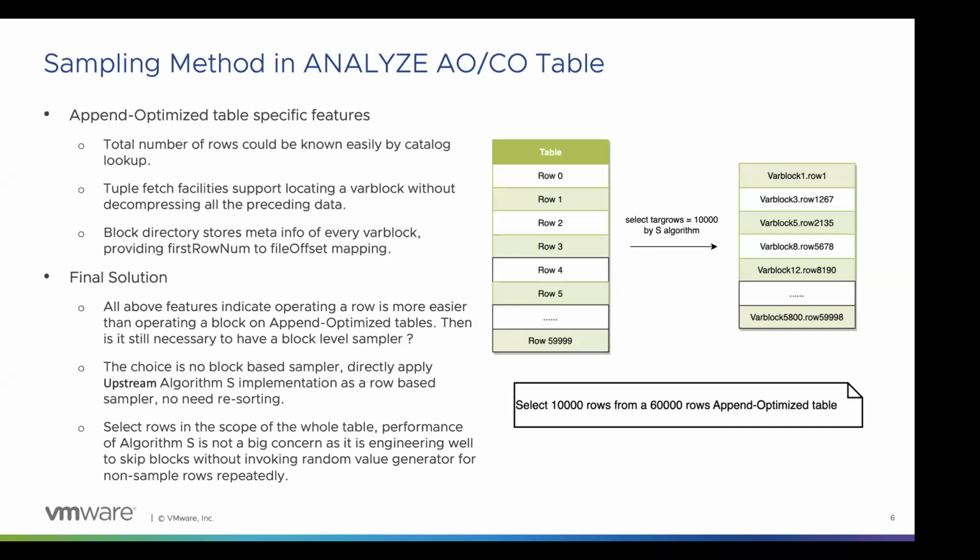But upstream, the implementation of Greenplum7 is different from the original one. It has some engineering improvements, like skipping blocks if they are not sample blocks, so it only does Greenplum7 on those sample blocks. This is a performance improvement.